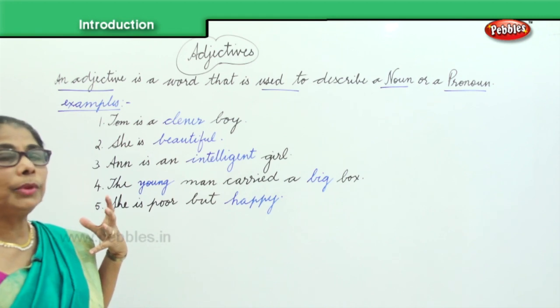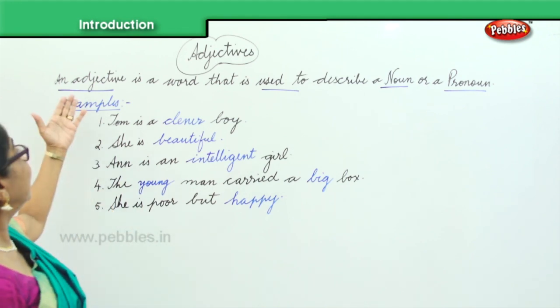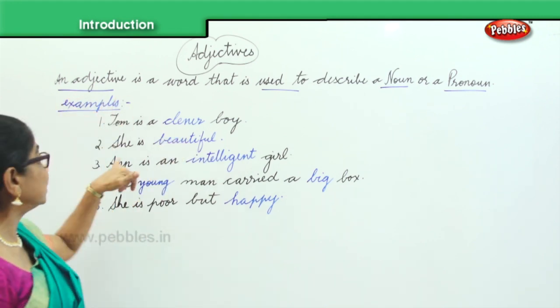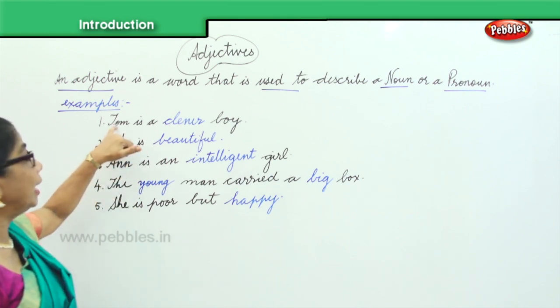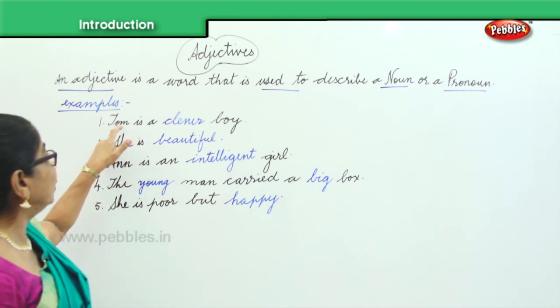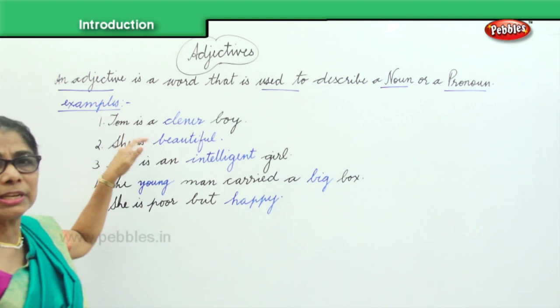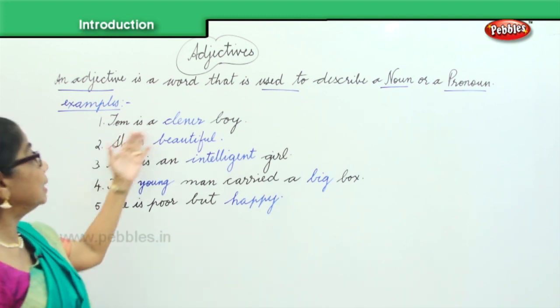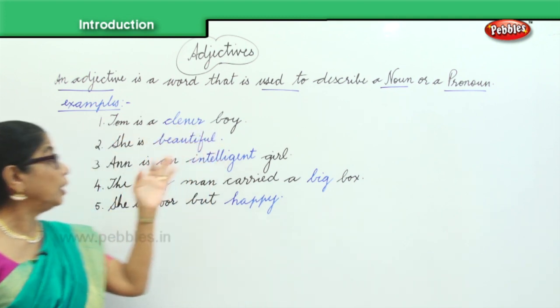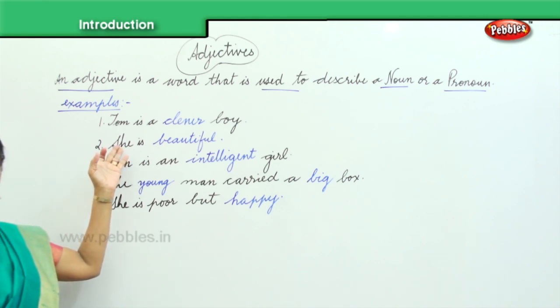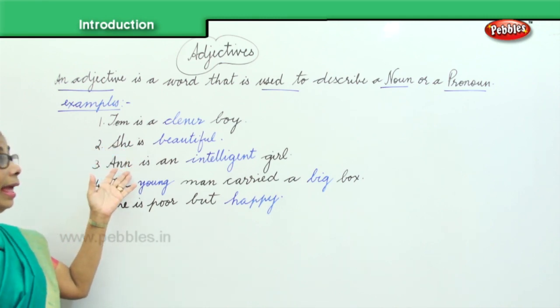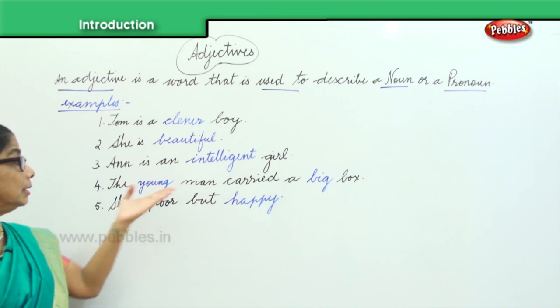Noun, Tom. What is the description? It says, Tom is a clever boy. She, what is she? She is beautiful. Anne is an intelligent girl.